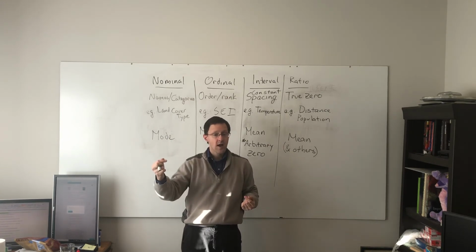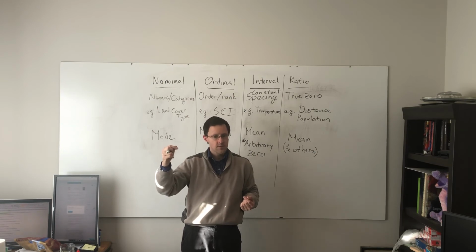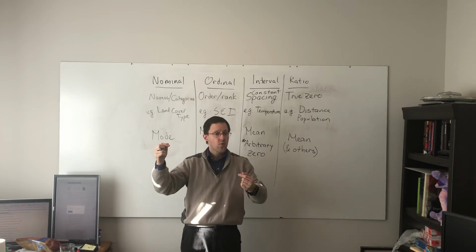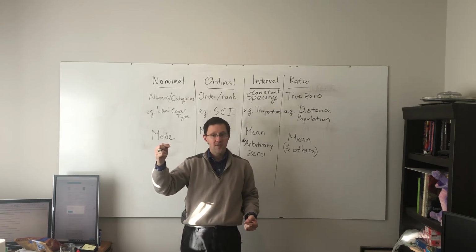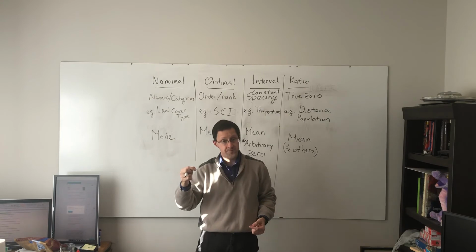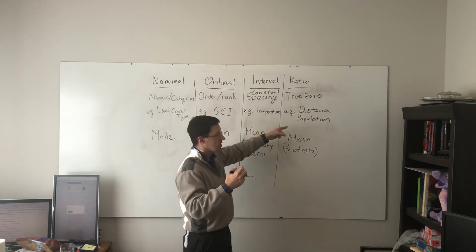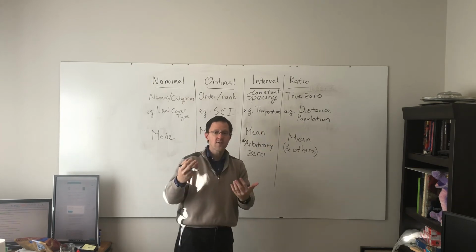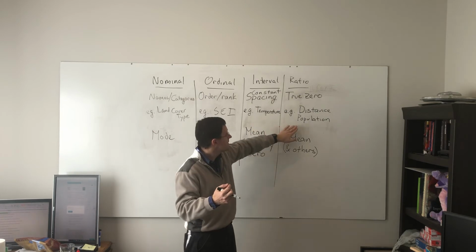Now, I have 40 becomes about 4 degrees Celsius. 20 becomes about -6. Obviously, that ratio of 2 to 1, 4 is not twice -6. Therefore, it cannot be ratio, because the ratio changed just by changing the units. That puts it as interval.